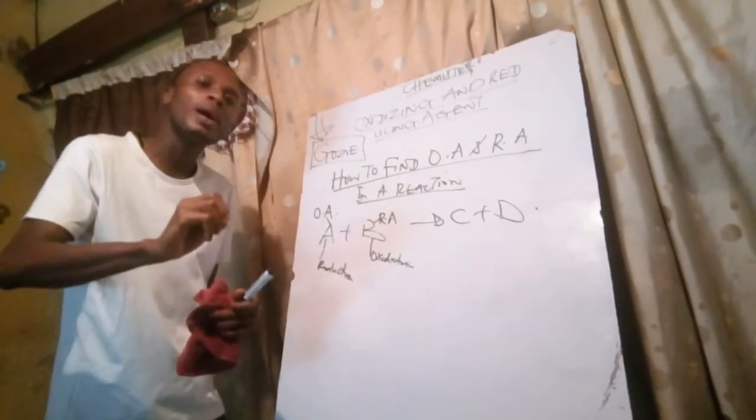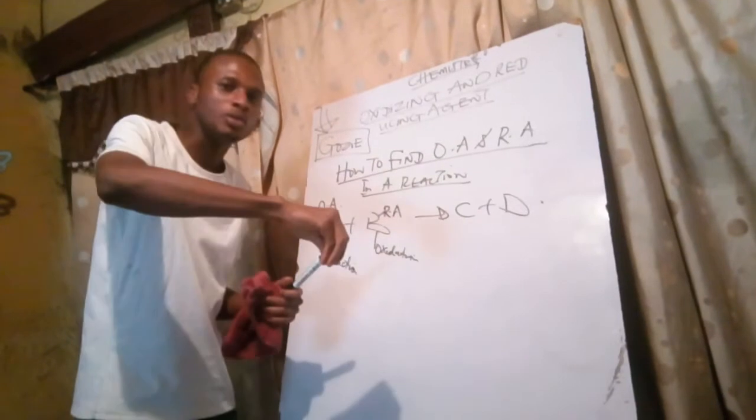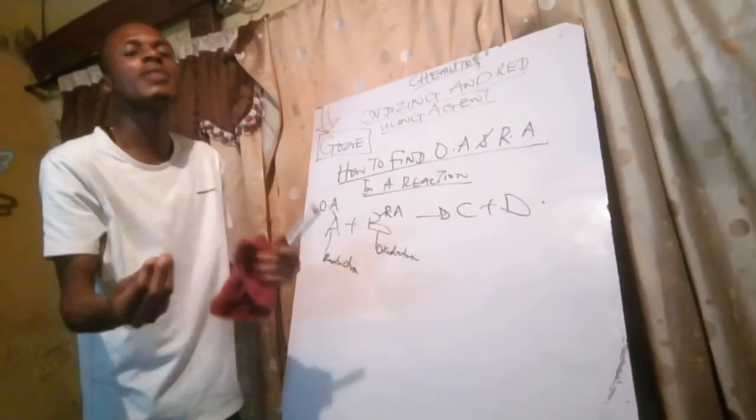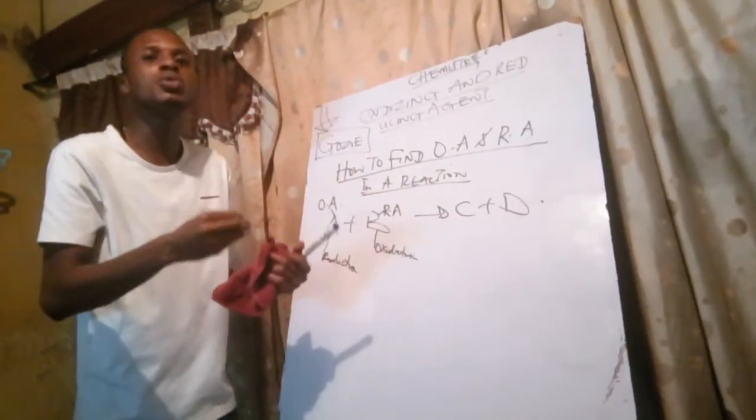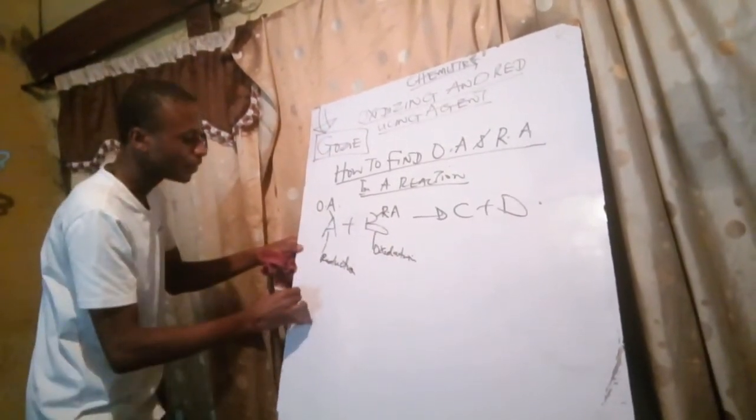Now let me define the man of the compound. The man of the compound is the element that tells what happens to the compound. That is to say, whatever happens to the element happens to the compound.